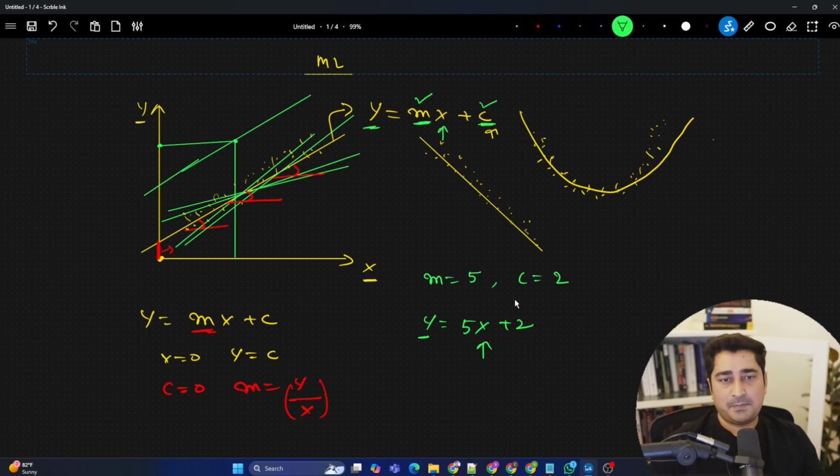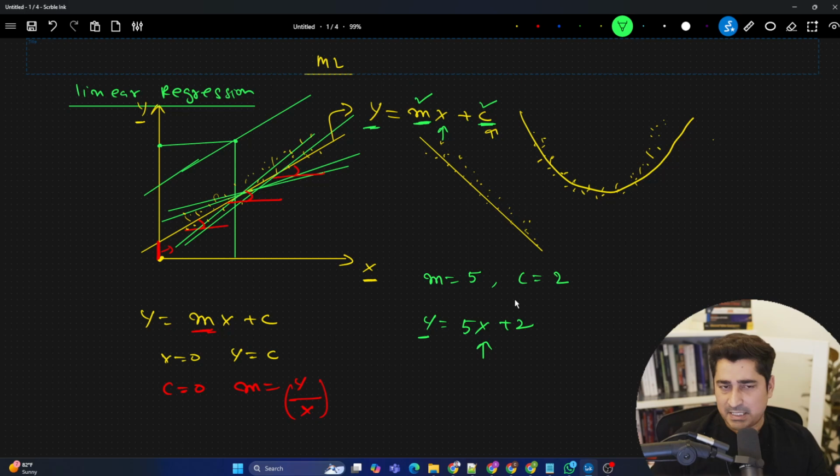So this kind of problem statement, where the data set shows some sort of relationship in a linear manner, falls under an algorithm called linear regression. Regression means we are trying to find out some sort of continuous value over here, maybe an integer, maybe a floating point number.